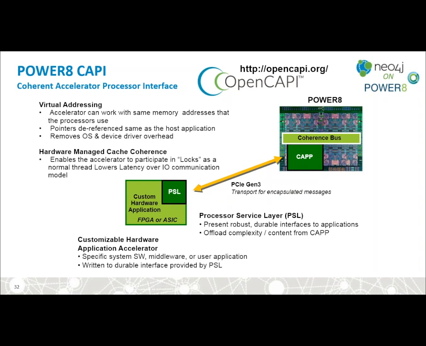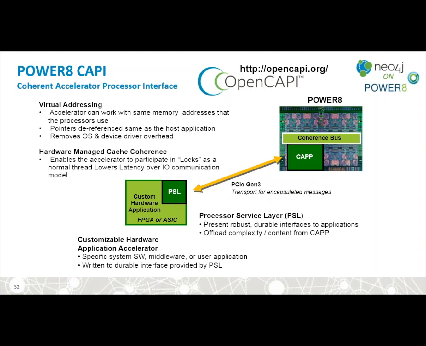So CAPI removes the overhead and complexity of the I/O subsystem and allows any type of accelerator to operate as part of the application. It makes it much easier to add additional accelerators to a system that operates as part of the Power8 processor.